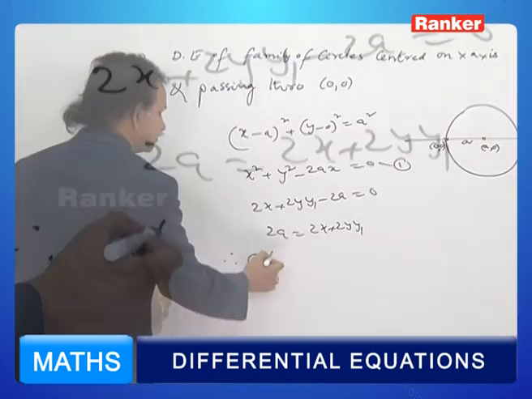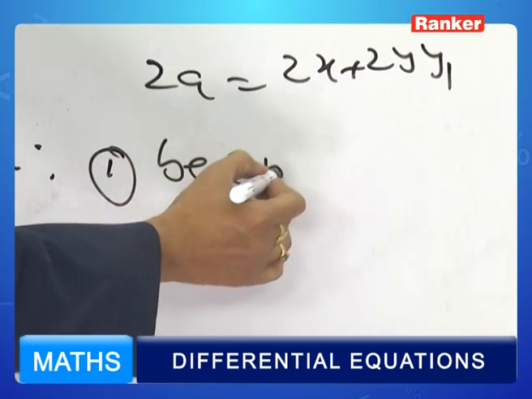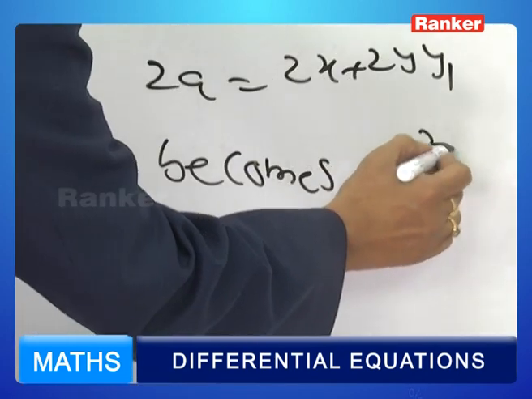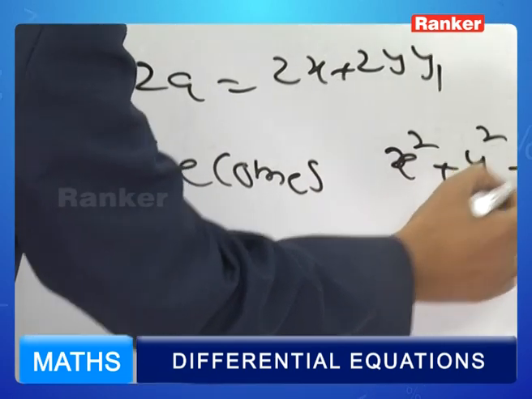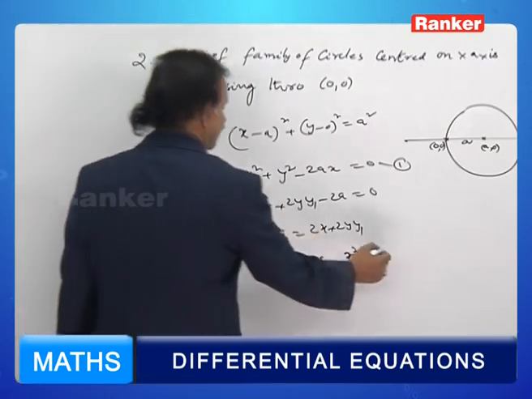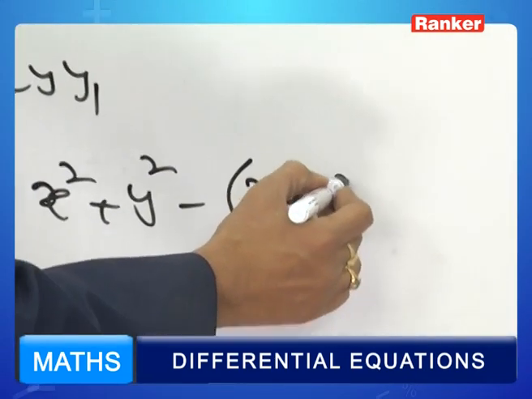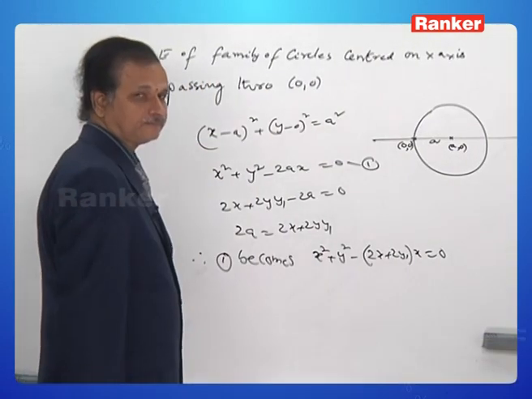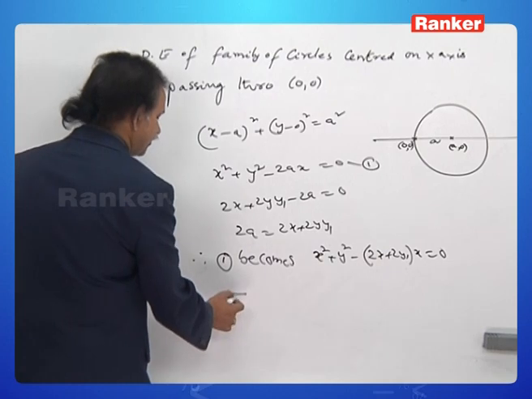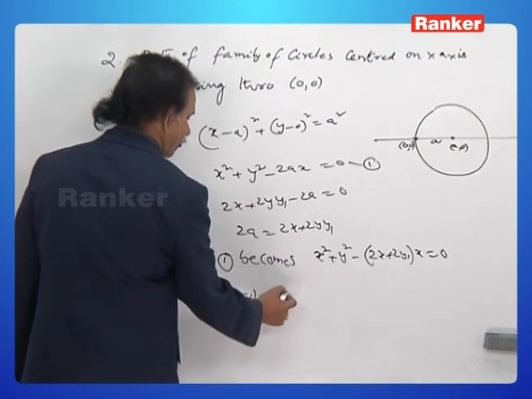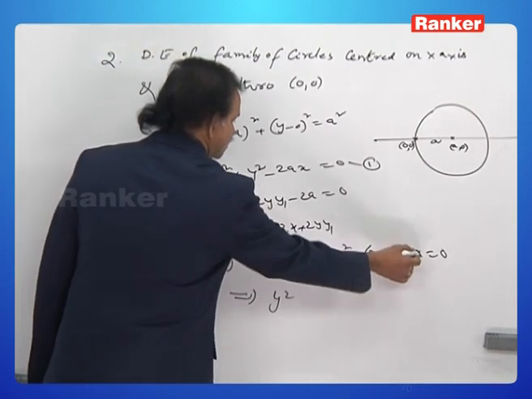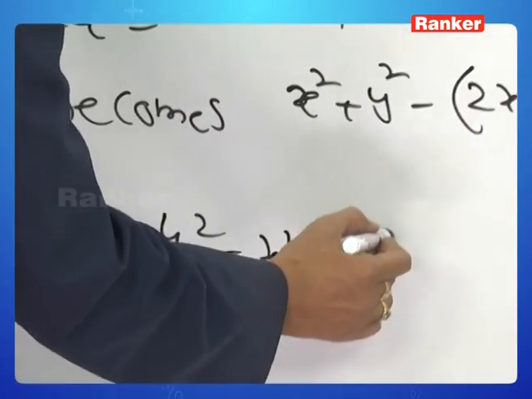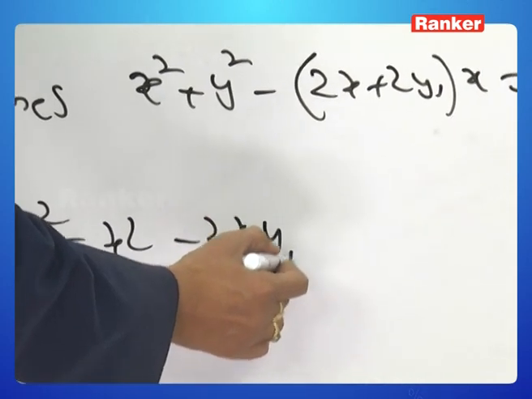Therefore 1 becomes x square plus y square minus, in the place of 2a what can you write? (2x plus 2y y1) into x is equal to 0. As a result, what are you going to have? y square, x square and minus 2x square. So minus x square plus y square minus 2xy1 is equal to 0.